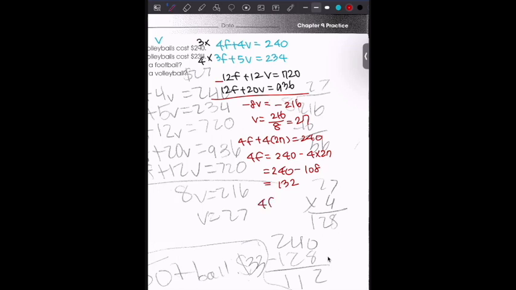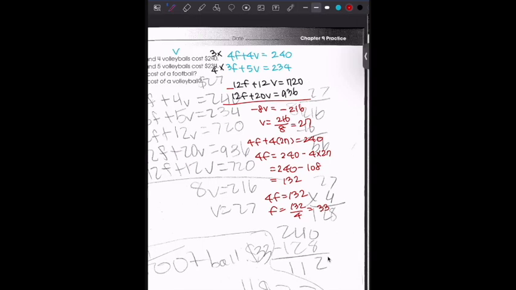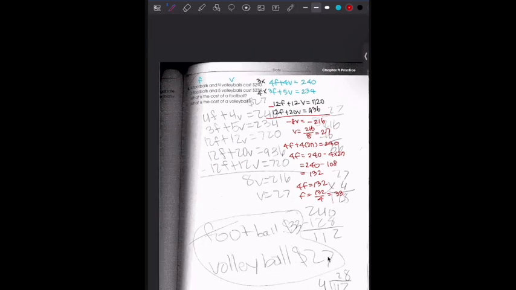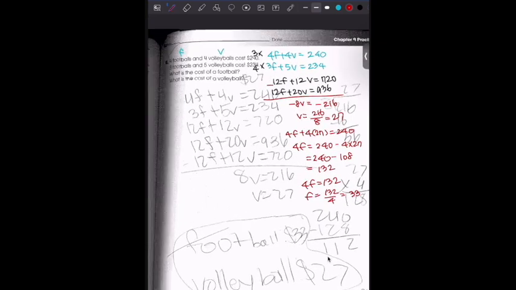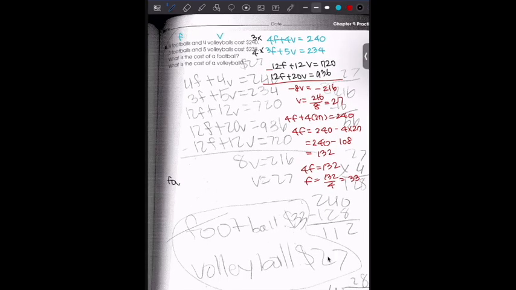And so since 4F is 132, F is 132 divided by 4, which is going to be 33. And so a football is $33, and a volleyball is $27.